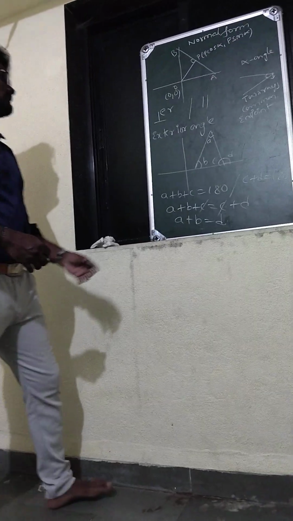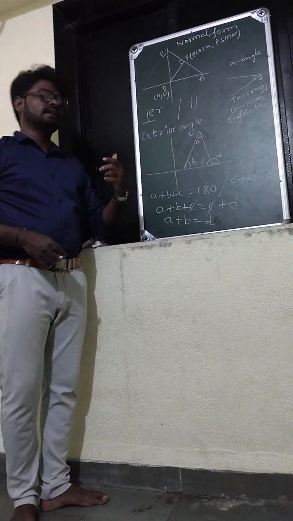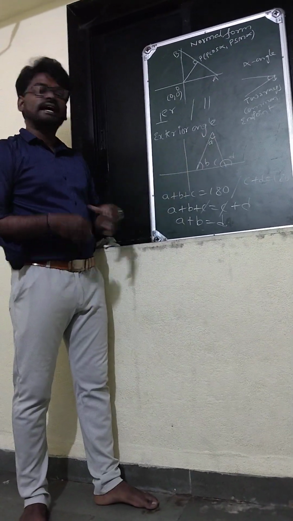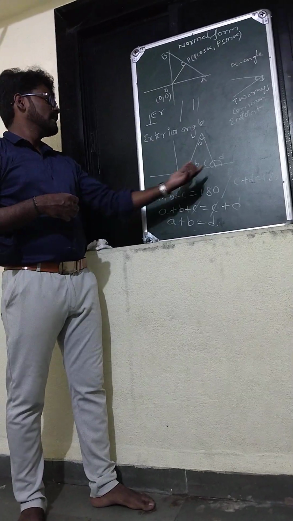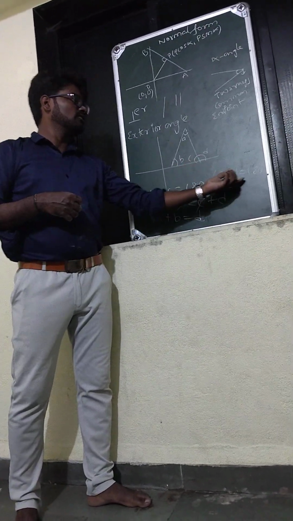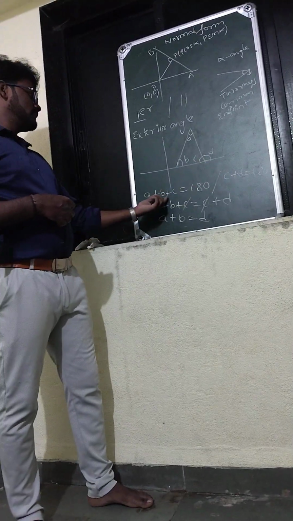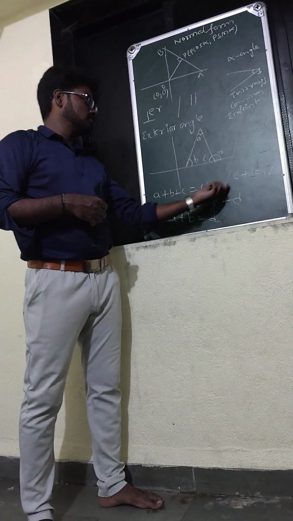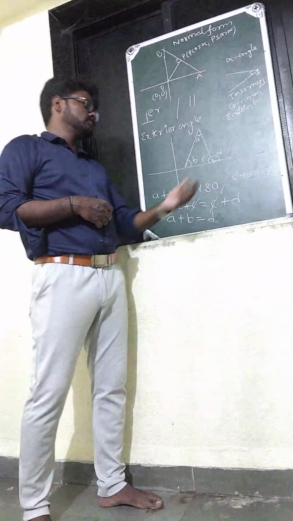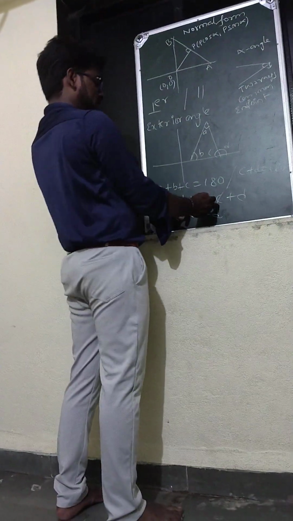And the exterior angle theorem: you know in a triangle, the three angles A plus B plus C equal 180 degrees, and in a straight line, C plus D equals 180. Here C and C cancel.